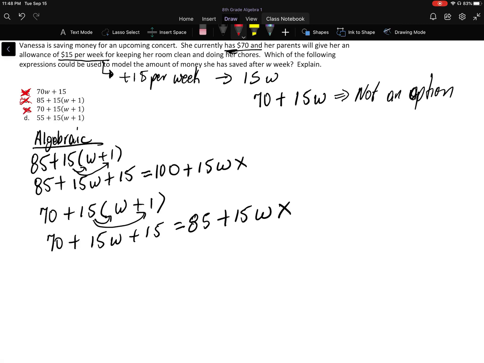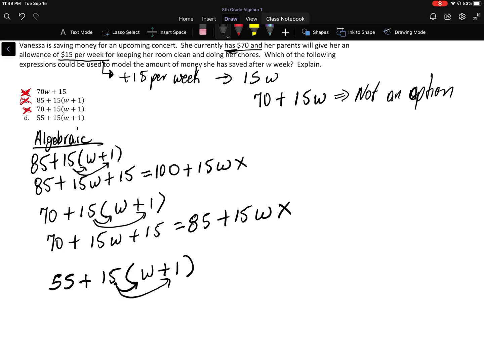The last one we have to check is 55 plus 15 times (W plus 1).